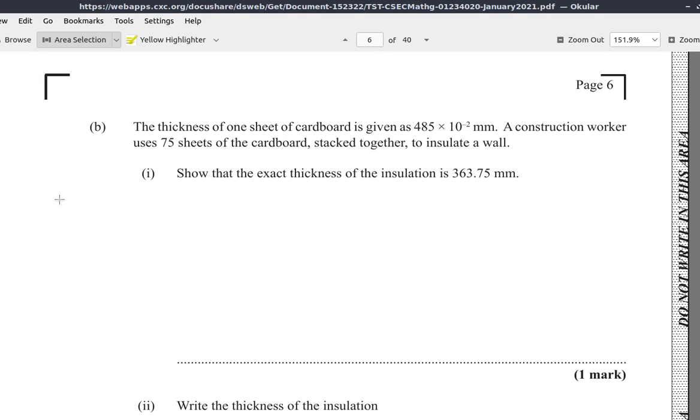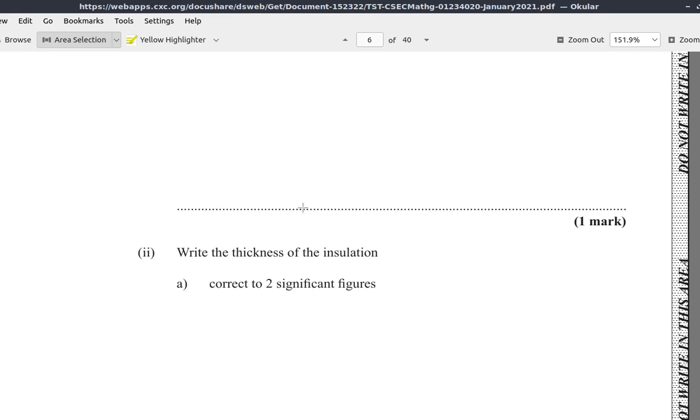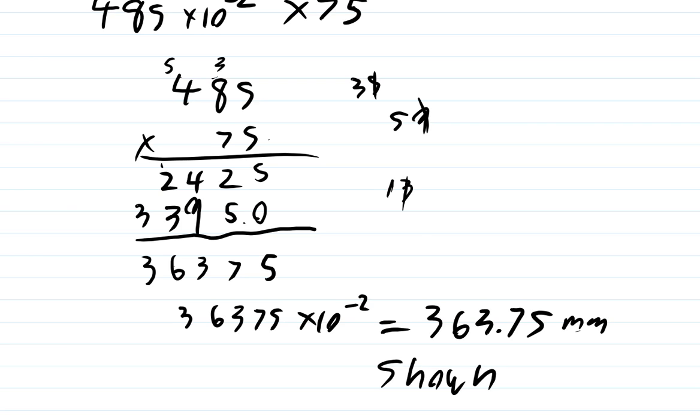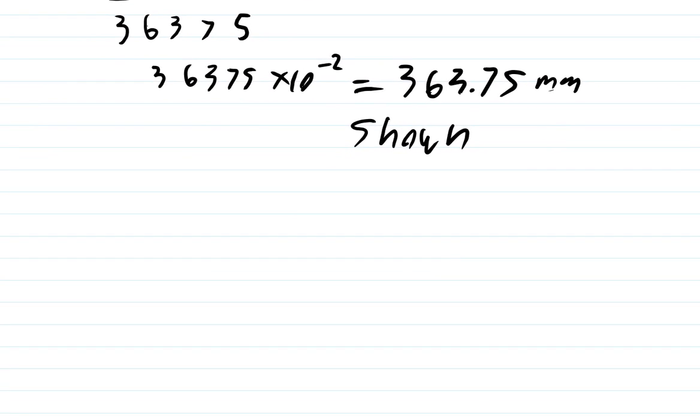What else do they want you to do? Write the thickness of the insulation correct to two significant figures. Alright, to two significant figures now. Now that's going to be, what do you think it would be?